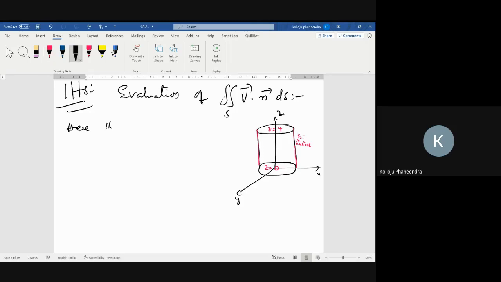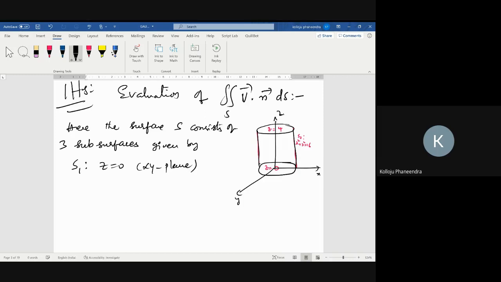Here, the surface S consists of 3 subsurfaces, given by: first one, what is the equation? Z equal to 0, the xy plane. Next, S2, z equal to 4, parallel to the xy plane. And S3, what is that? X square plus y square equal to 16, the curved surface.